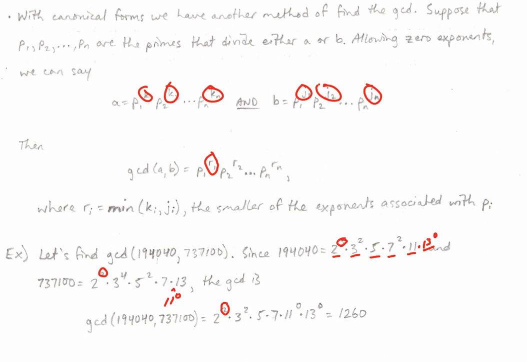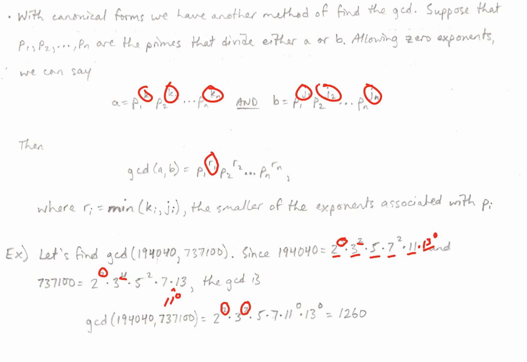Next prime up, exponent for 3: I have a 2 here, and I have a 4 here. Smaller of those is 2, so I'm going to take that 2, and that's the exponent on my 3. And we do the same kind of thing. For 5, exponent of 1, exponent of 2, we're going to take the 1.